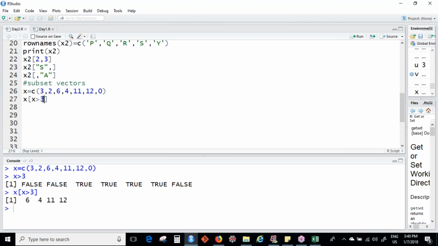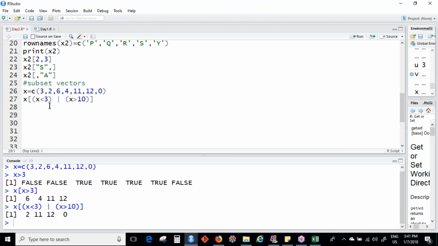So you can give multiple conditions also. You can use and you can give multiple conditions. So let's say, for example, you give x is less than 3 and will not make sense here, or x is greater than, let's say, 10. You can do this also.